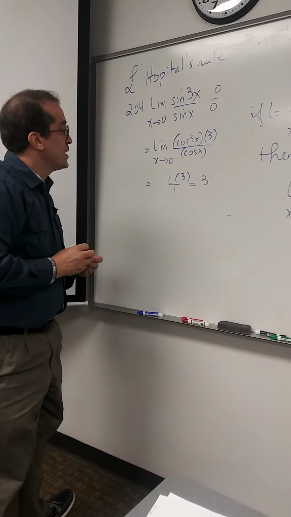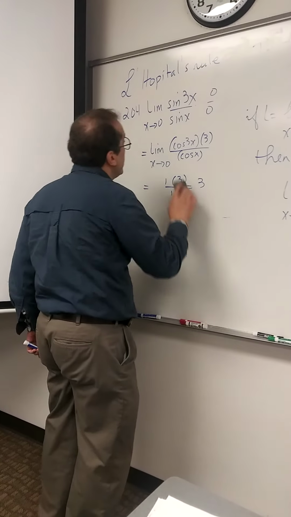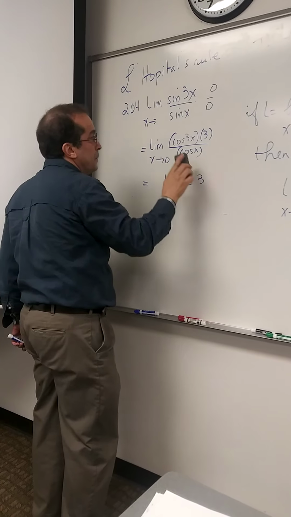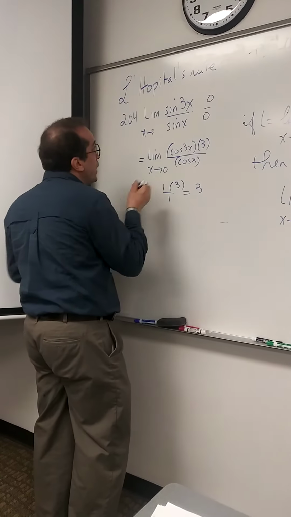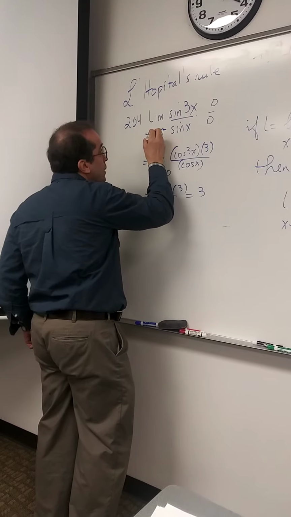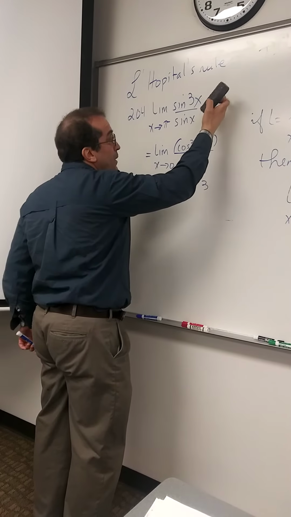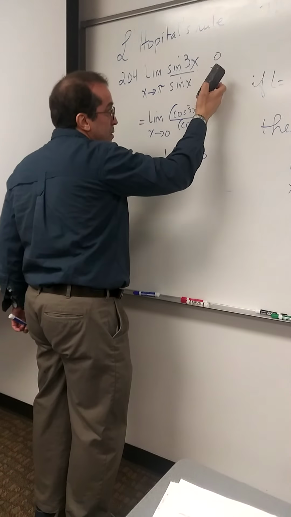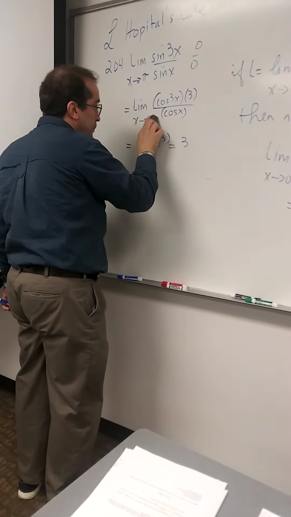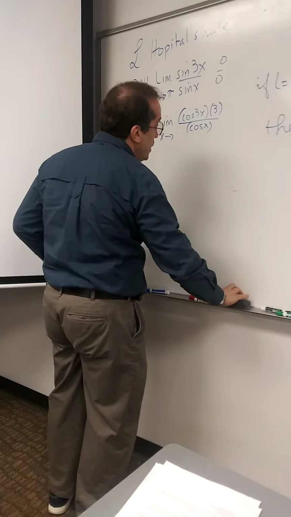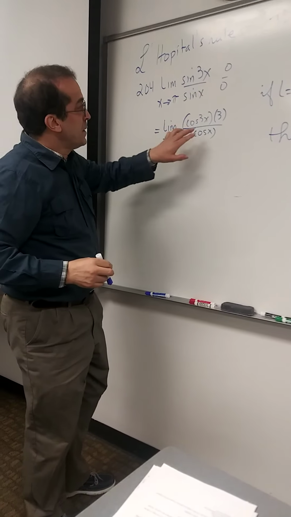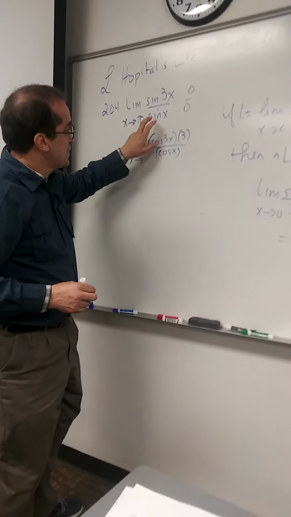Let's redo this problem and make x tend to pi. If x tends to pi, sine 3 pi is still 0, sine pi is still 0, so it's still indeterminate. The derivative of sine 3x is this, the derivative of sine x is this.